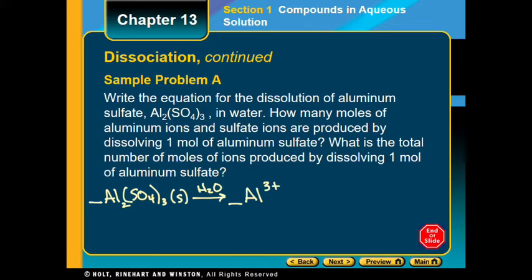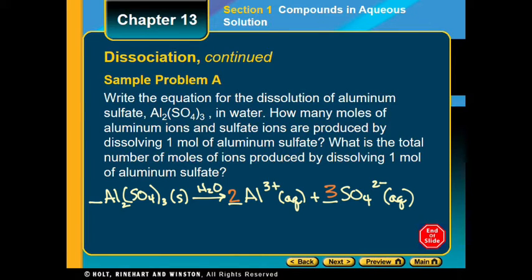Aluminum has a 3+ charge. Again, it's in group 13. It's in solution. And sulfate ions, SO4 with a 2- charge. That's your sulfate ion in solution.